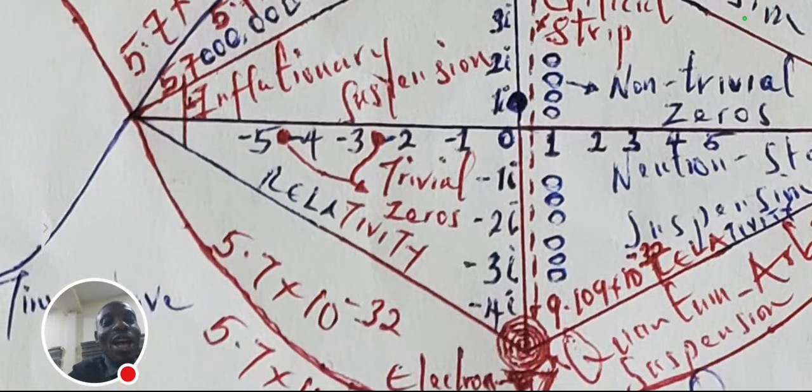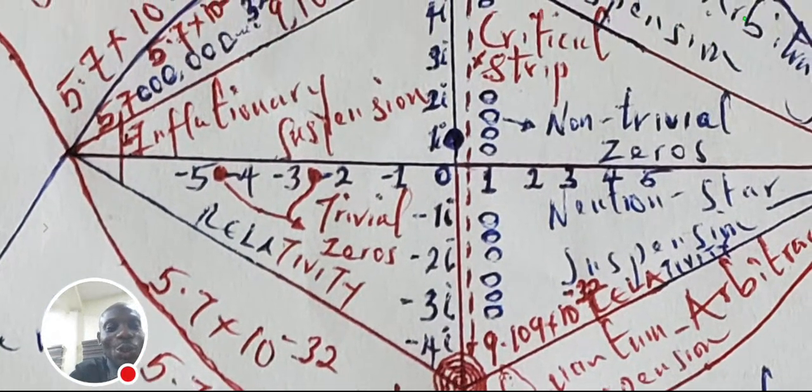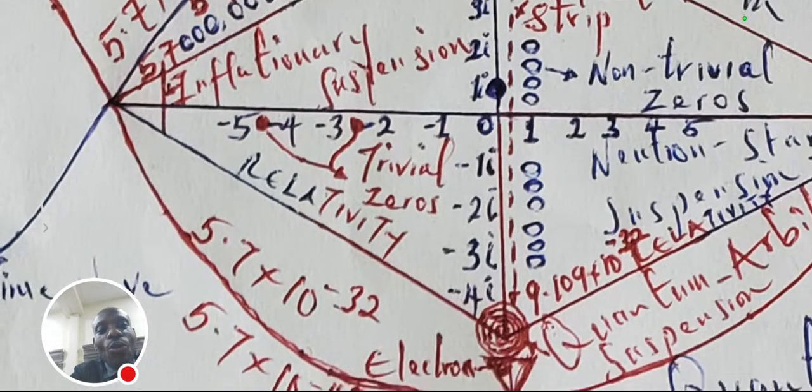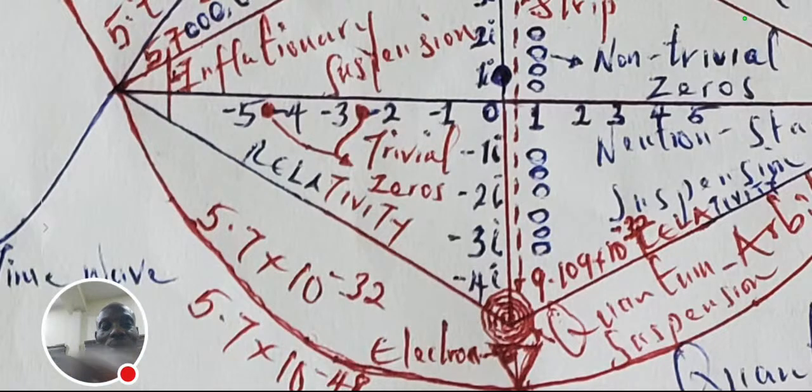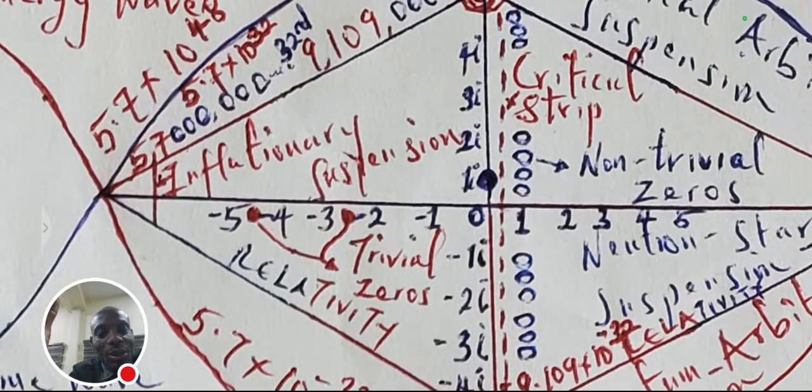But before we prove that, I need you to know that, regarding these trivial zeros, just like I said the other time, the momentum of light speed, which is this diagonal trajectory, is to support mass accumulation at time trajectory.